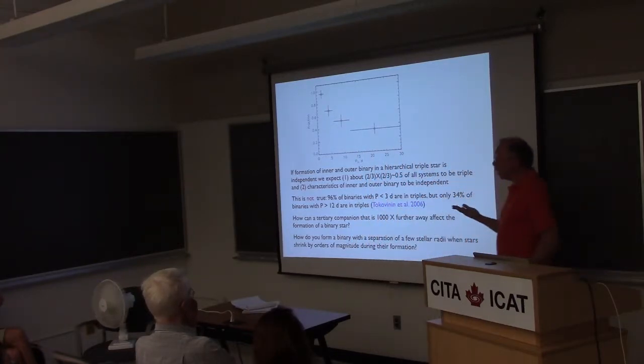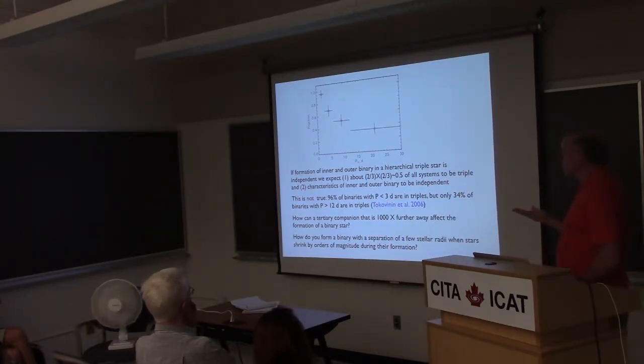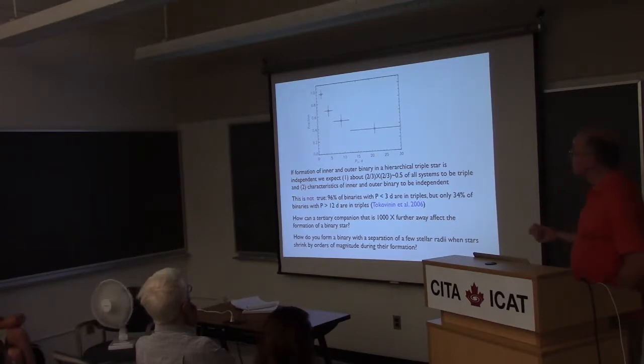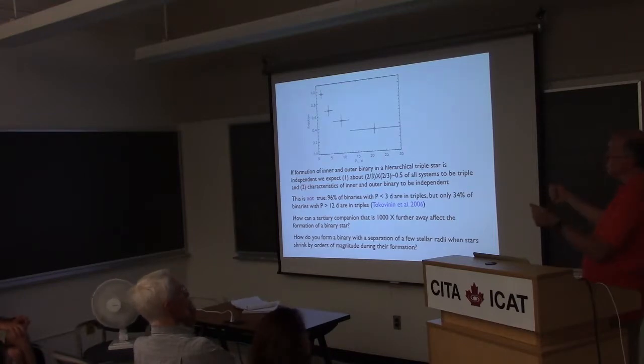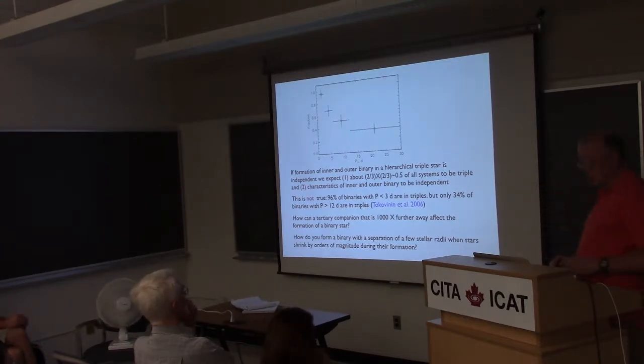That is, all binaries with periods less than a few days have a triple companion. The obvious explanation is that the companion has introduced Lidov-Kozai oscillations in a wider inner binary and made the periastron sufficiently small that tidal friction has circularized it into a much smaller binary.